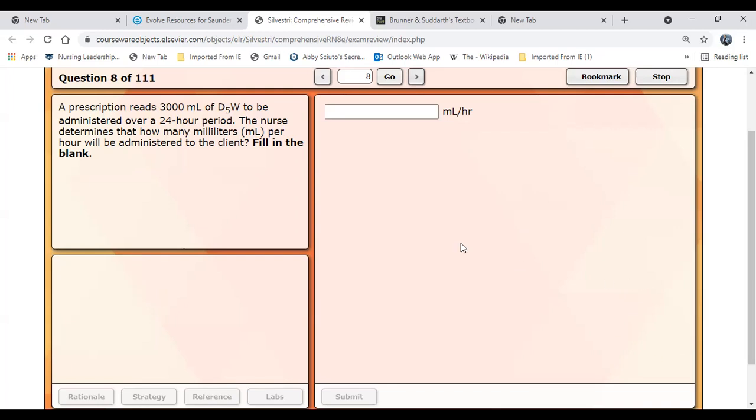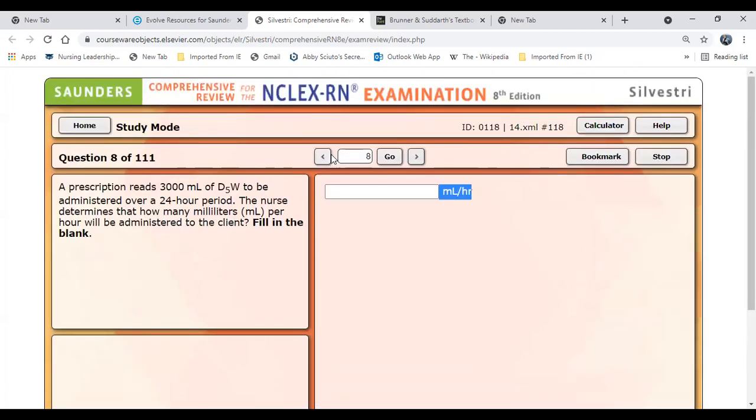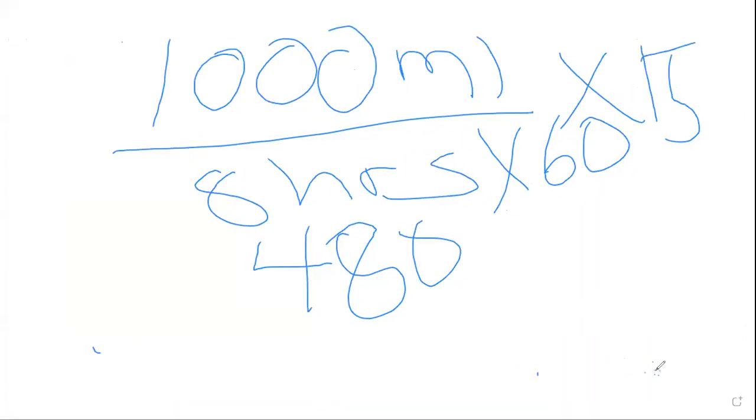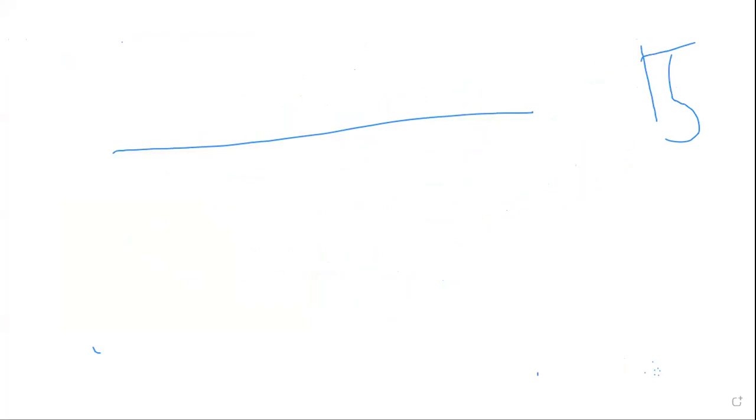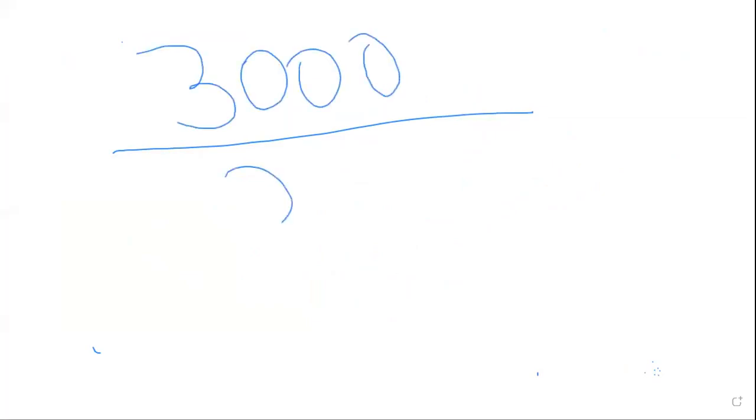Okay, so all you have to do is take your 3,000, which is your total volume, divide it by the 24. You do it on the whiteboard, just in case someone doesn't understand. So we have a total volume of 3,000, and it's going over a 24-hour period.